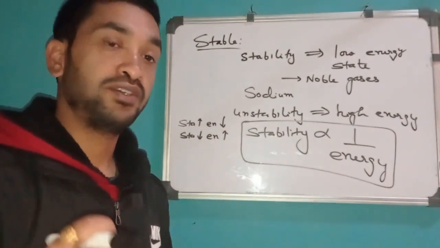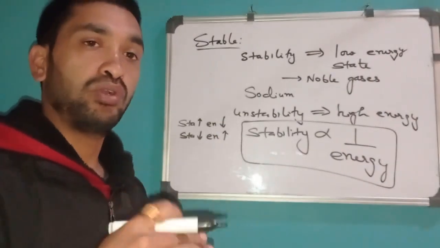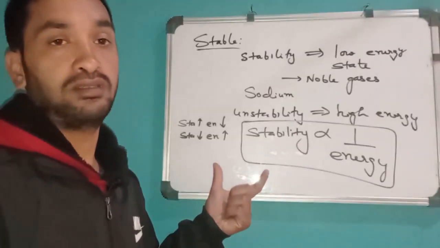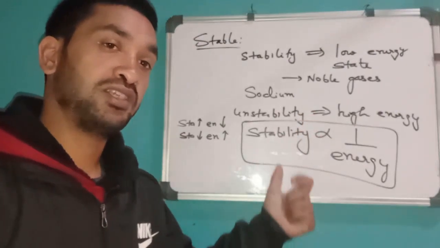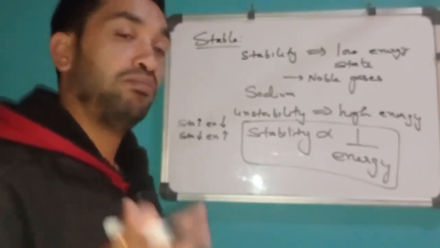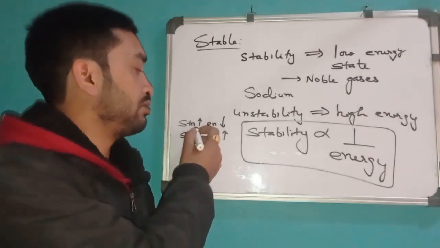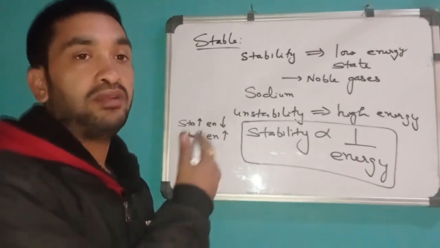This is the meaning of inversely proportional. In directly proportional, both the quantities behave in the same way. Suppose these two things were directly proportional, then more stability, more energy; less stability, less energy. That is the meaning of directly proportional. But we are talking about inversely proportional. So more stability, less energy; less stability, more energy.